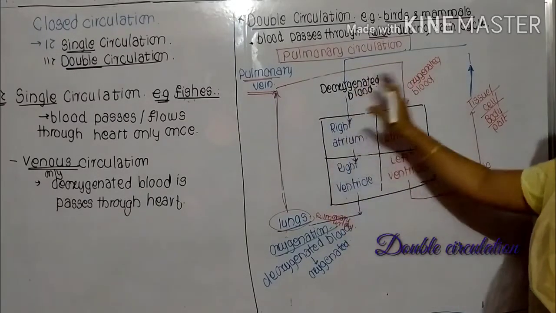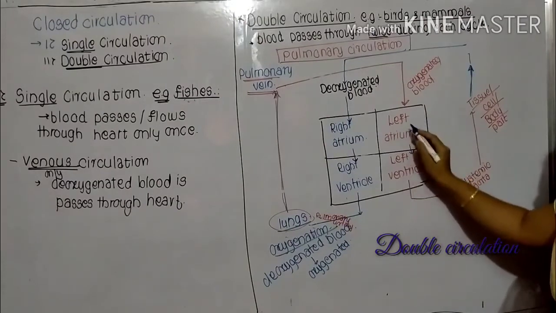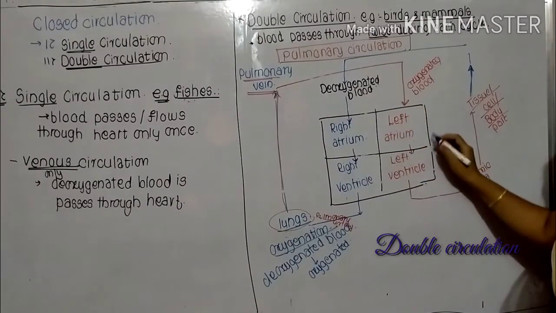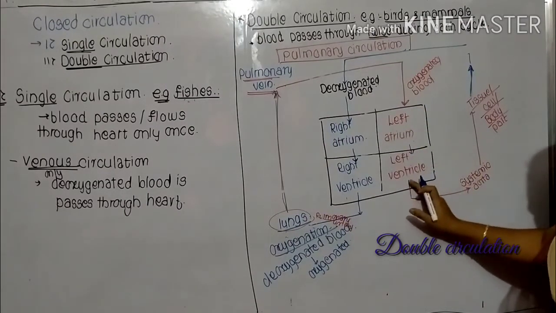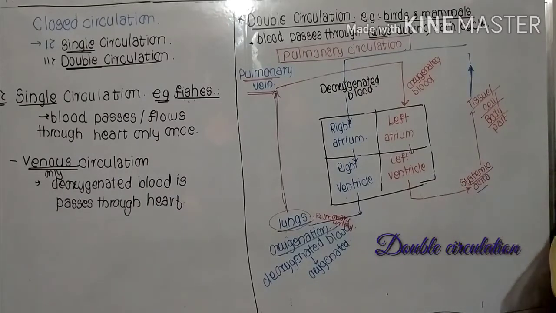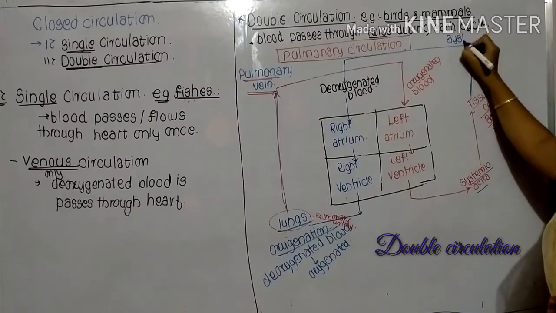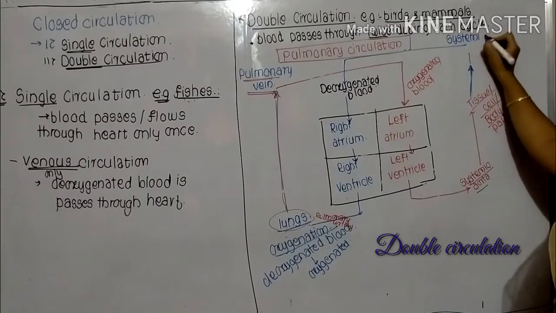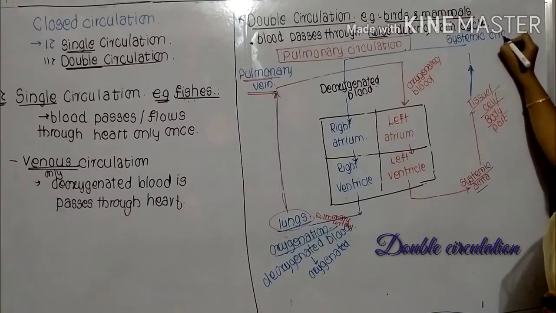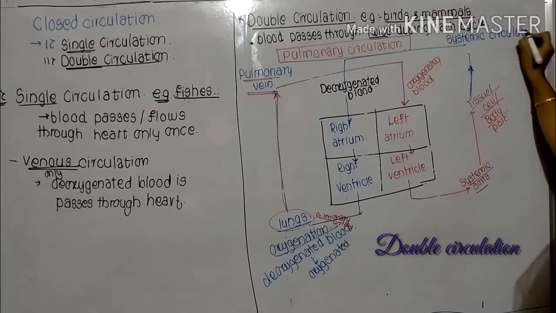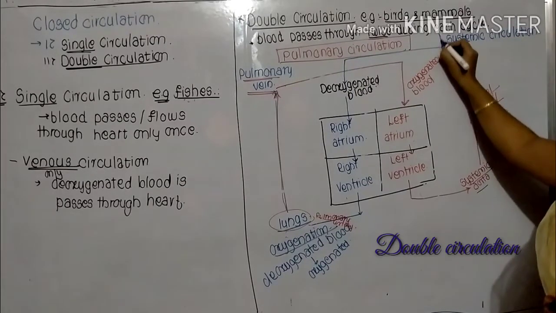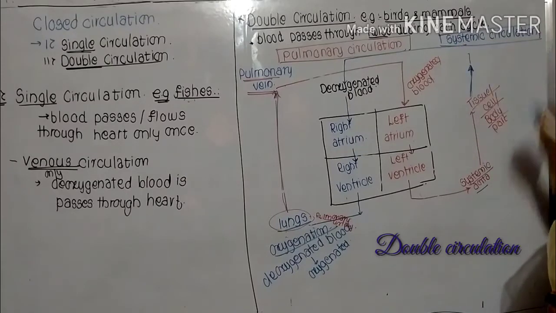Okay, so whenever the oxygenated blood passes into the heart, from the heart it enters into the systemic aorta. This type of circulation is known as the systemic circulation.